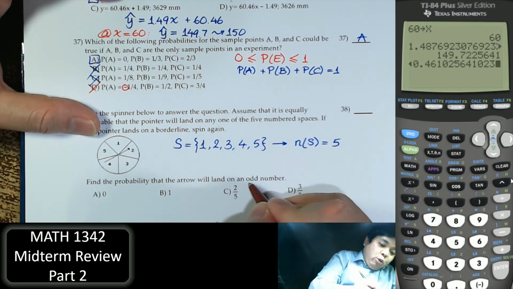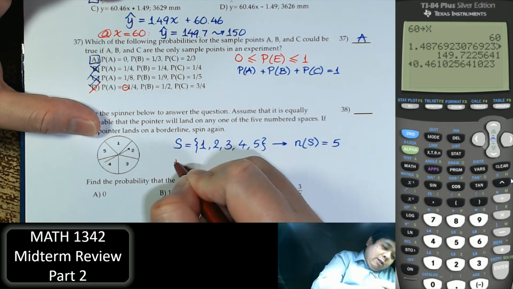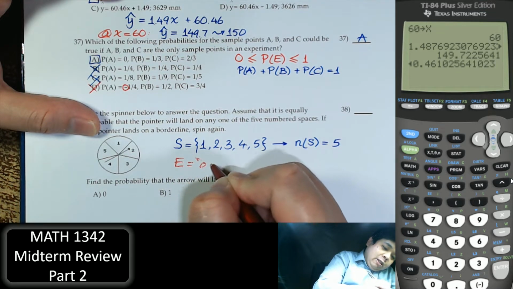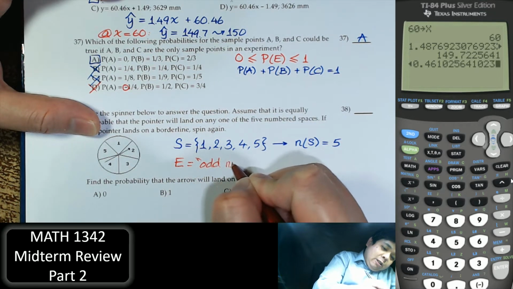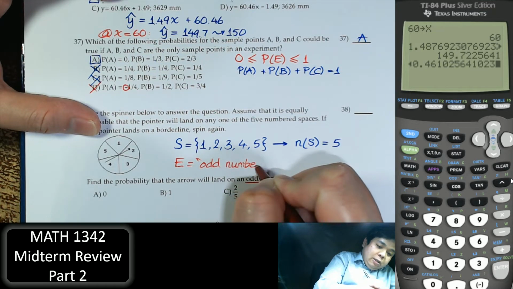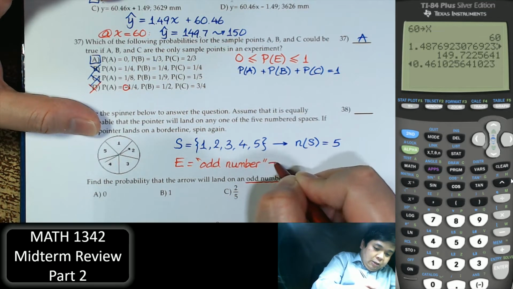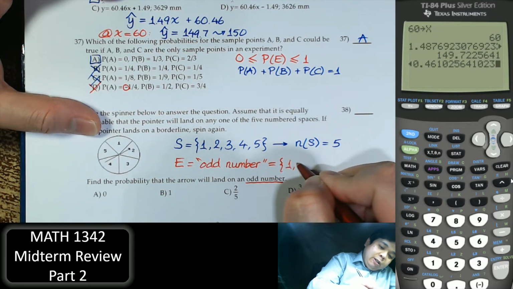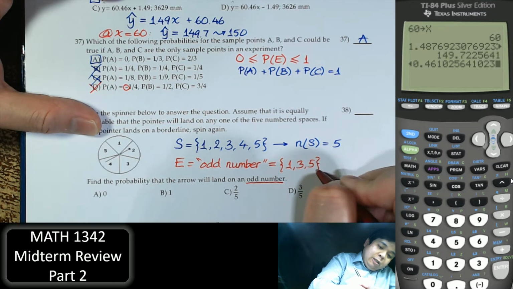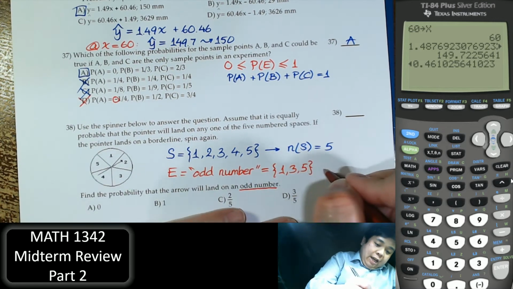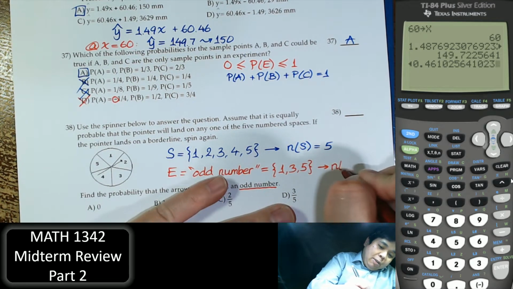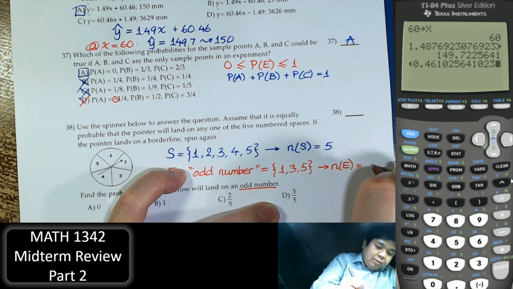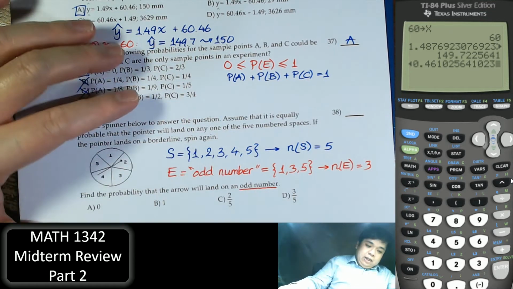Now in this event, we want an odd number, being 1, 3, and 5. And the number of elements in the event is 3.